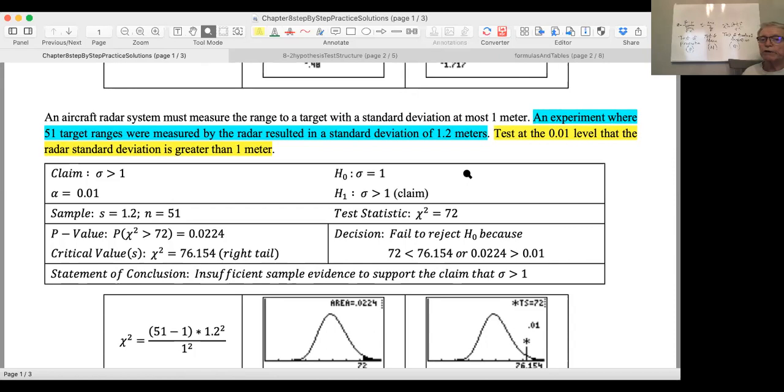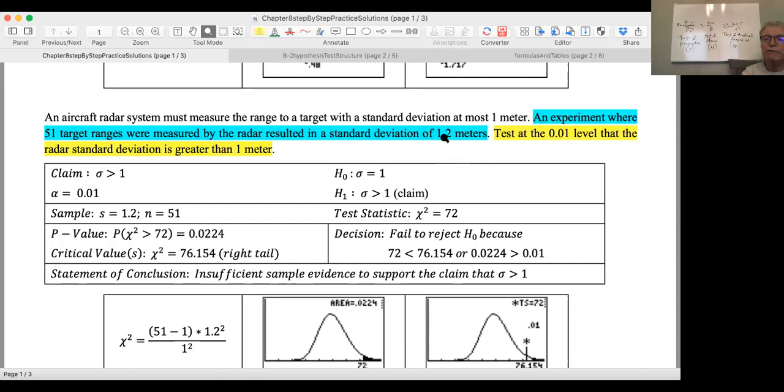Well, remember what we need for a test of standard deviation from the sample. We have sigma, that's the 1. We need S, which is sample standard deviation, and we need N, which is the sample size. And this gives us a sample size of 51, and it gives us a sample standard deviation of 1.2.